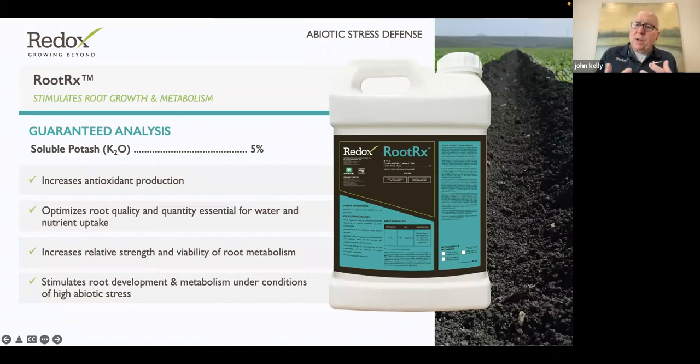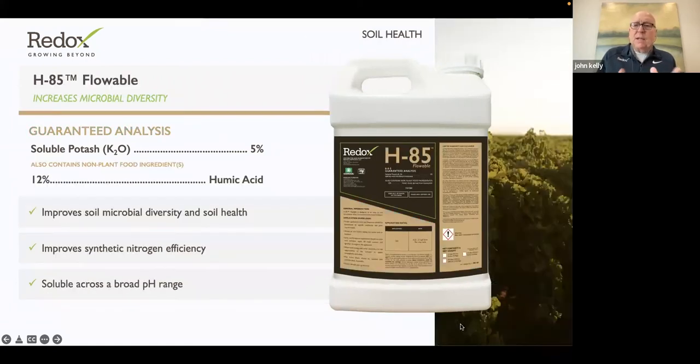This is a product that, when incorporated into a comprehensive, well thought out nutritional program, can really have dramatic benefits on crop performance.